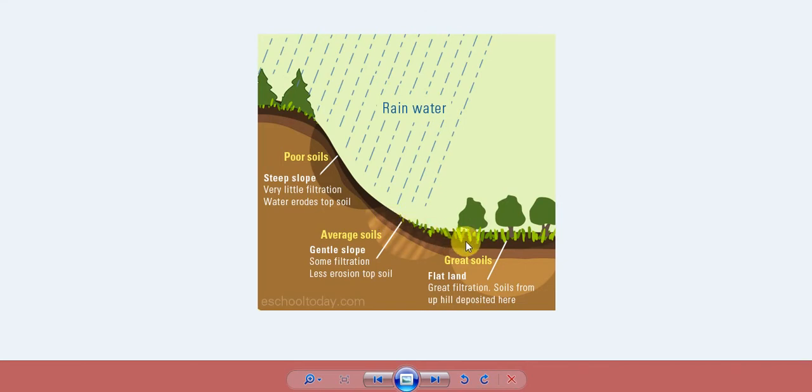And here, this is the flat plain area, where you will get a good soil with enough organic matter. On the steep slope, as mentioned in the book, we find thin soils, and in the plain areas, thick soils.